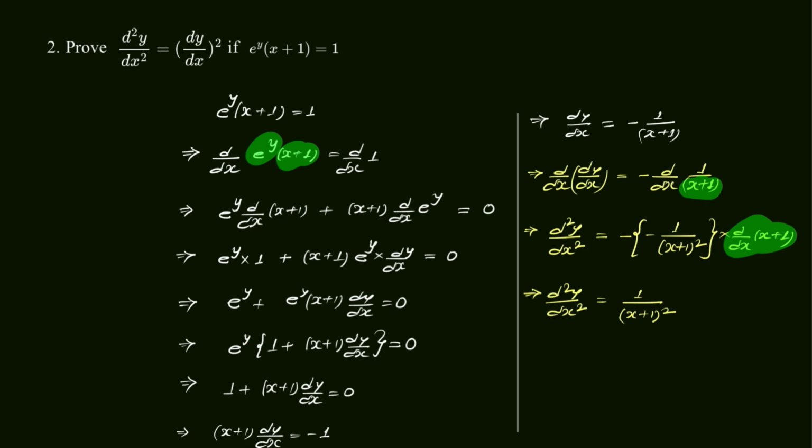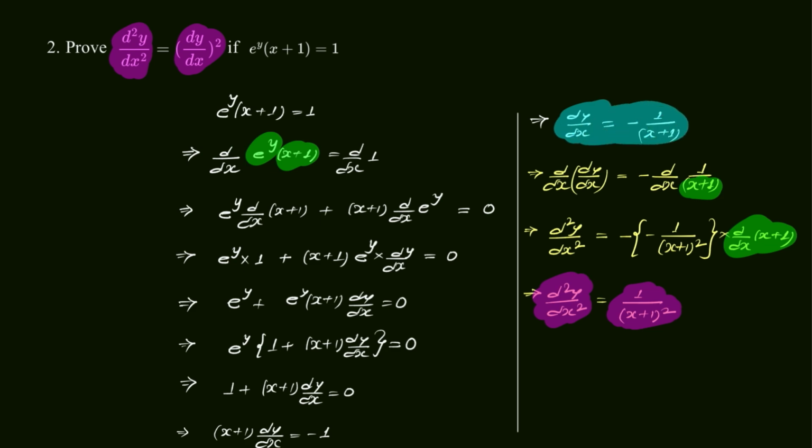Now the question was asking to prove that the value of d2y/dx2 is the same as the value of (dy/dx) whole square. Since I've got the value of d2y/dx2, that is 1/(x + 1) whole square, I will simply square dy/dx.